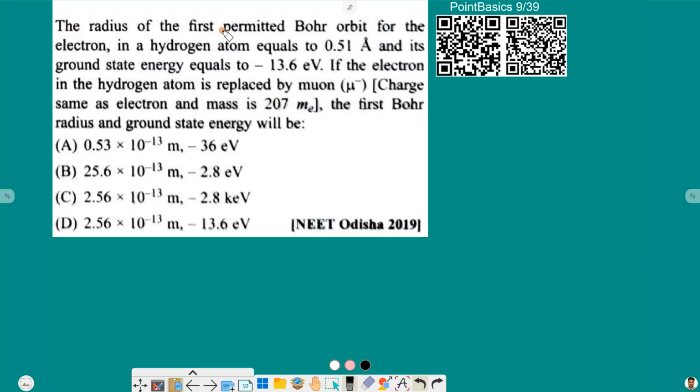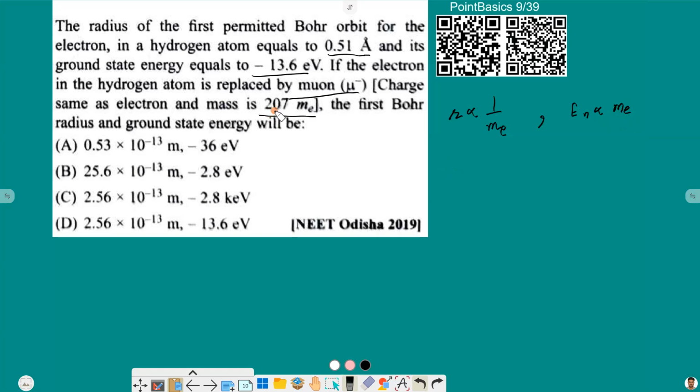Now moving ahead. In the ninth question, the radius of the first permitted Bohr orbit for the electron in a hydrogen atom is equal to 0.51 angstrom, and its ground state energy is given. If the electron of the hydrogen atom is replaced by the muon, charge is same and mass is 207 times mass of electron. The first orbit radius and the ground state energy will be. Now, if you remember the formula for radius, then we know that radius is inversely proportional to mass of electron. So let me write it ME, and energy is directly proportional to mass of electron in case of a hydrogen atom.